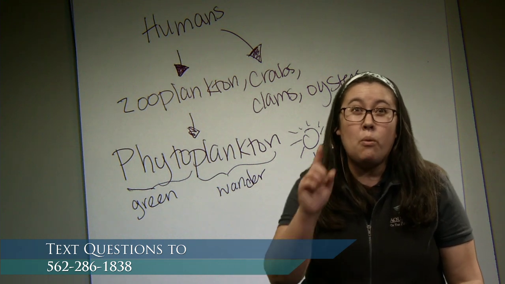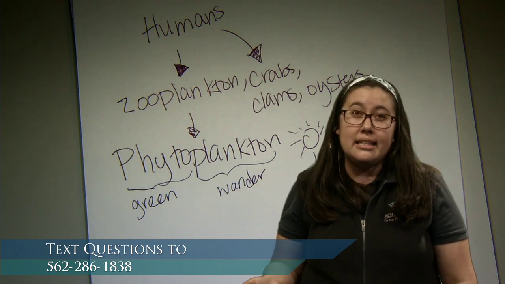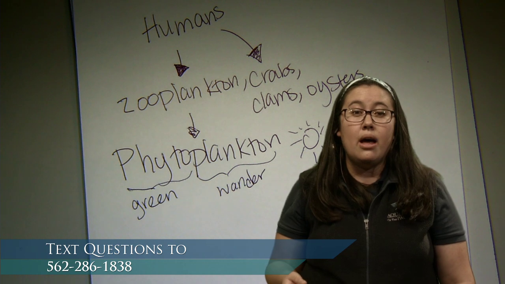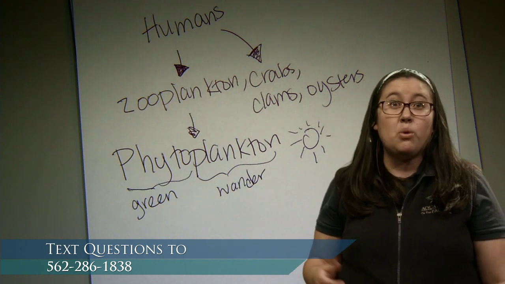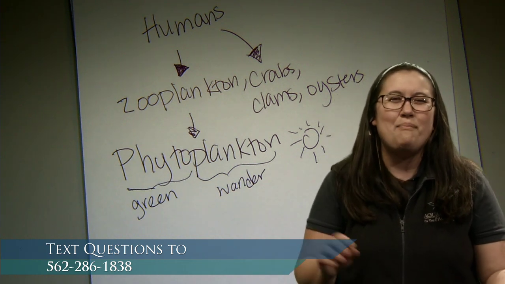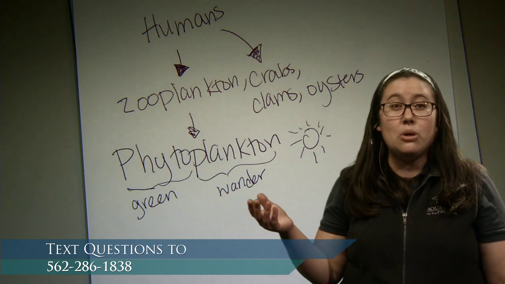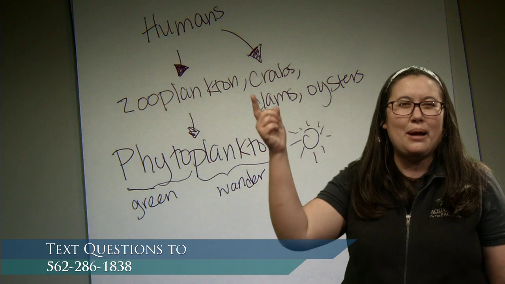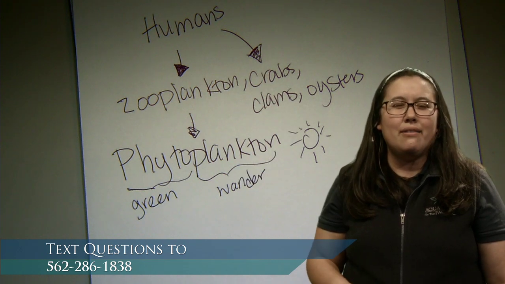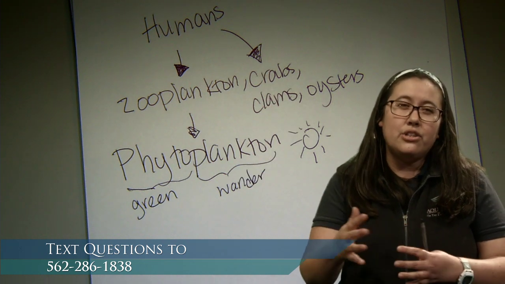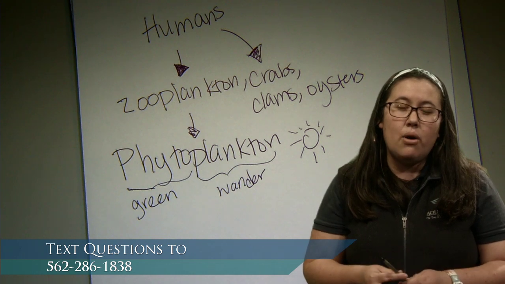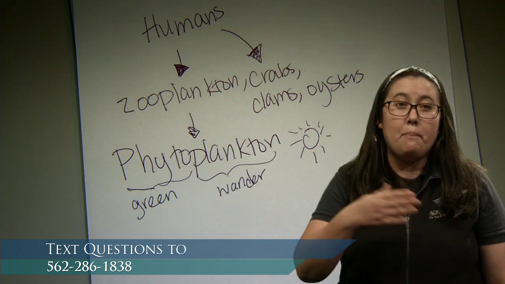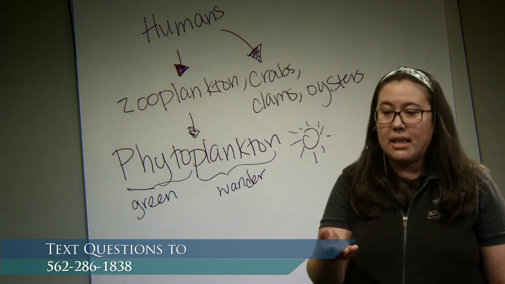It's not only that one type of animal that eats that phytoplankton. We also have crabs, clams, and oysters, to name just a few, mainly because these are the ones that we as humans tend to eat. We're all interconnected with each other, right? So we are directly affected by the phytoplankton in that water.